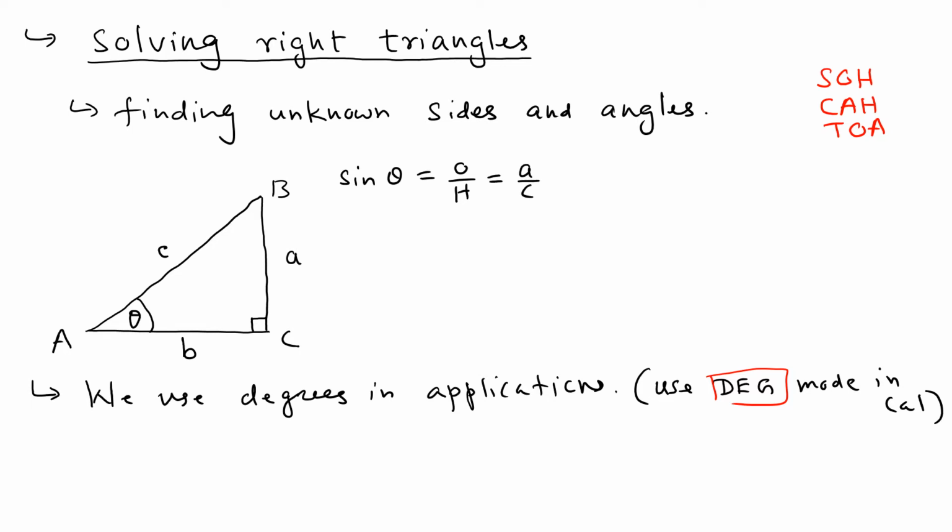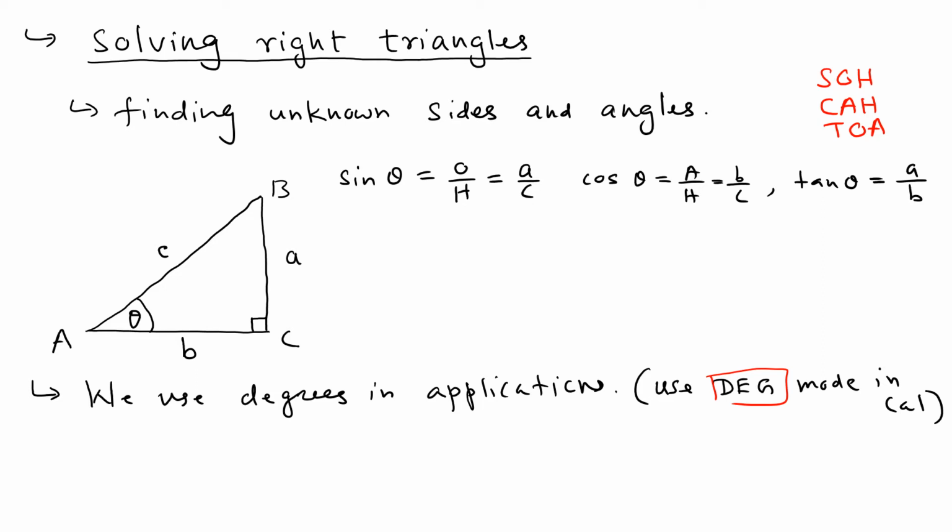And then we have cosine theta, which is adjacent over hypotenuse, so B over C, and tan theta, which is opposite over adjacent. Good.